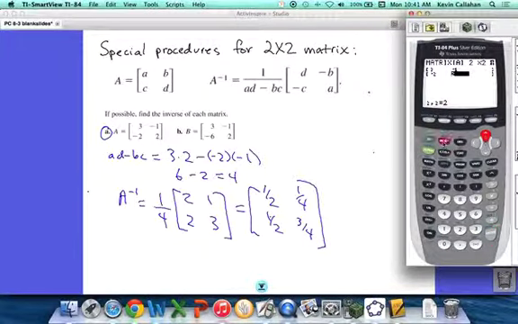And then go to the main screen and just go second matrix 1, A to the minus 1, x to the minus 1. 0.5, 0.25, 0.5, 0.75. I wonder, let me see if I do math, enter, whether it turns it all to fractions. Math, enter. Yeah, and then it turns it all to fractions.